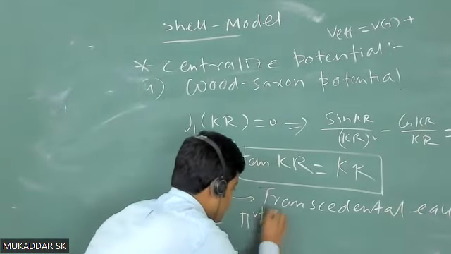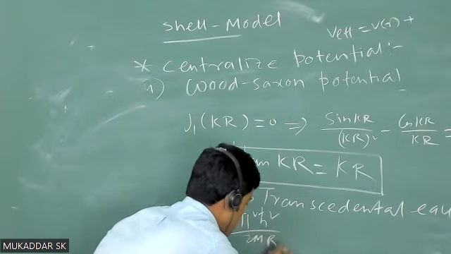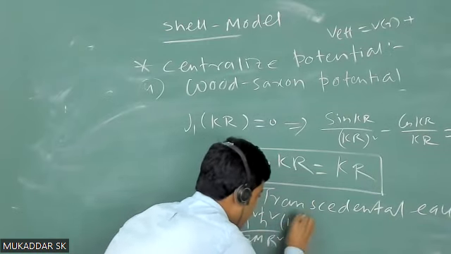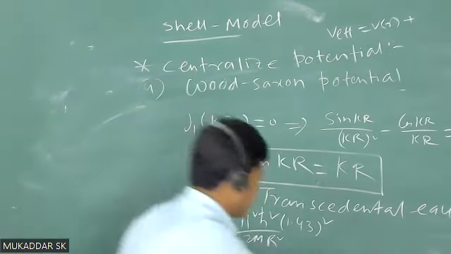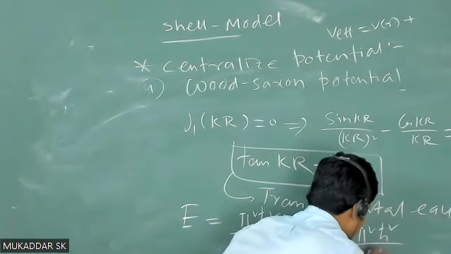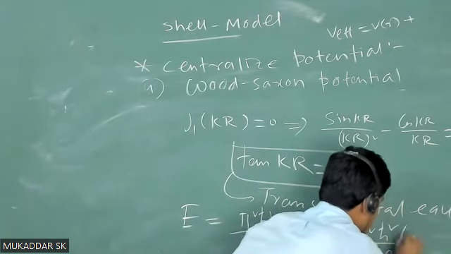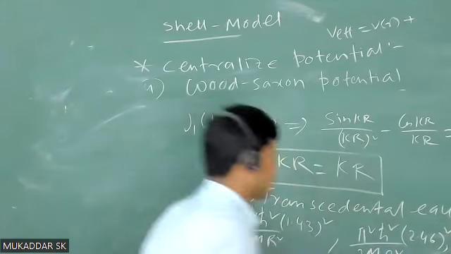Pi square h cross square by 2mr square into 1.43 square. Second energy, pi square h cross square by 2mr square into 2.46 square, and so on.